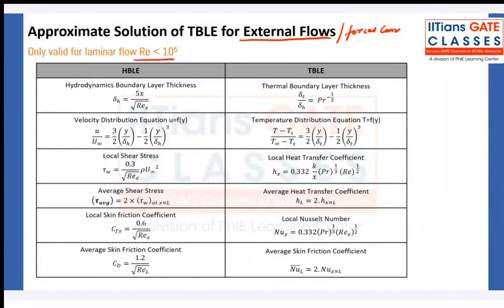Turbulent flow definitions and derivations are very complicated. If they ask, they will give you the relationship in the question. Even though they would not ask you, even if they ask, mostly they will give you the relationship. Okay, chalo.